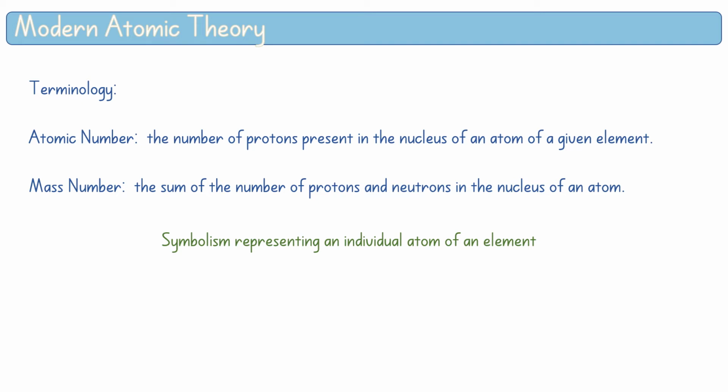We can use symbolism to represent an individual atom of an element. X would be the name of the element, A is the mass number, and Z is the atomic number.